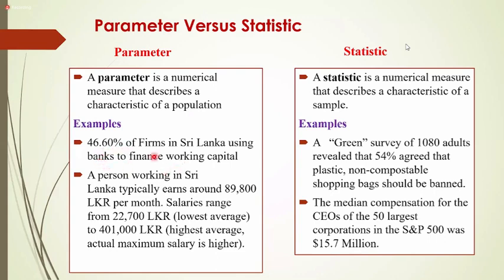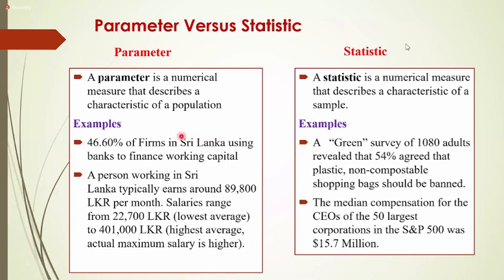46.6% of the firms in Sri Lanka use banks to finance working capital. So here, what is the numerical measure we used? Percentage, right? The numerical measure we used is a percentage, 46.6%. Is this percentage used for a population or a sample?